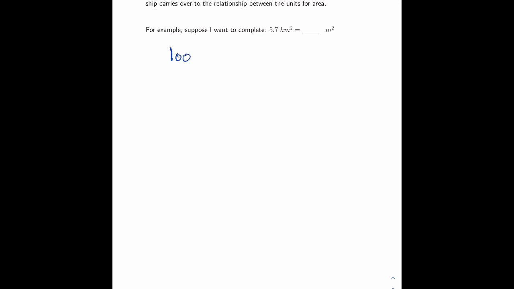100 meters is 1 hectometer. So I have two potential ways of doing this. I'll do it first like I did above. We could find a value for hectometers first.